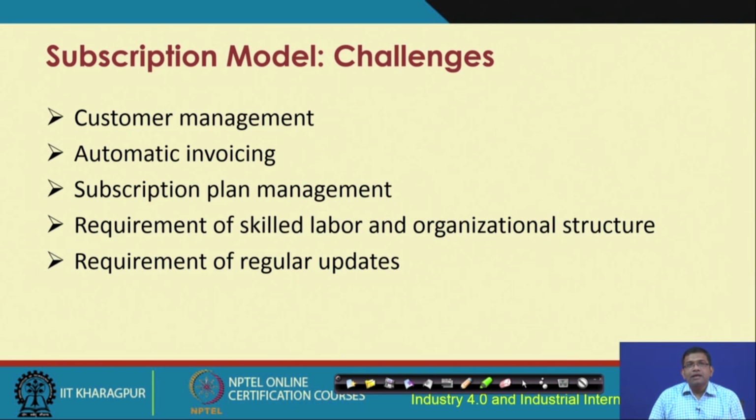All these things like customer management, automatic invoicing, because that is required, since based on the different types of usage you have to invoice the customers, subscription plan management, requirement of skilled labor, and requirement of regular updates are different requirements which also pose challenges to the businesses. These challenges have to be considered by the businesses which go by the use of this kind of model.